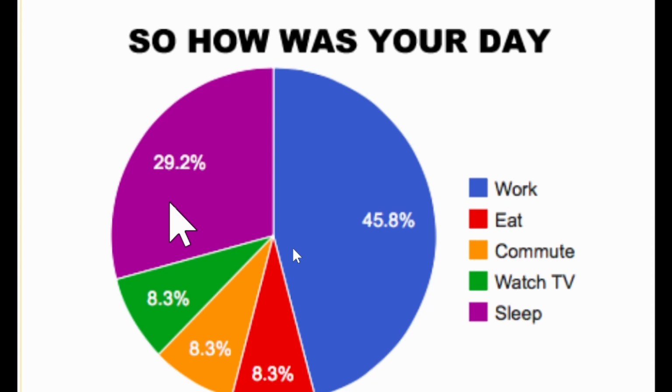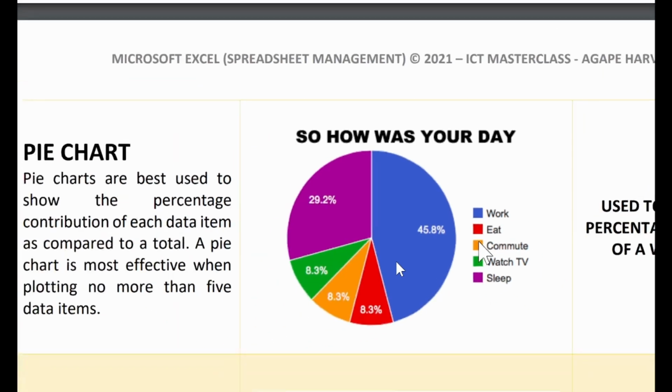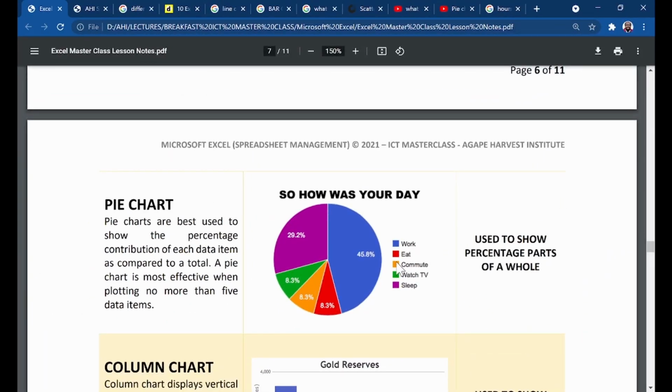So you know 29.2% was sleep. 8.3% was for watching TV. 8.3 was for commuting. 8.3 was for eating. All right. So with this, we are talking about a total and the performance of each part as compared to the total.